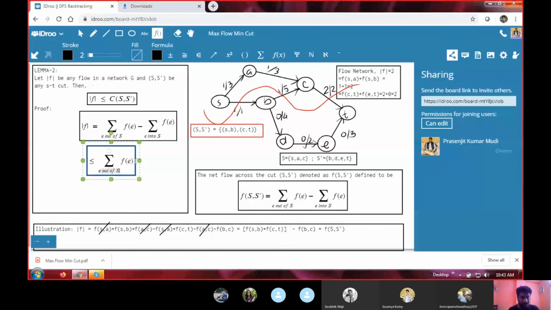Okay. So in the next line we can write that a flow of an edge is always less than or equal to the capacity of that edge.